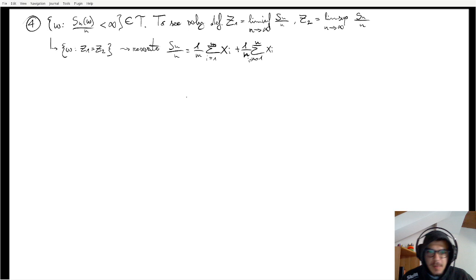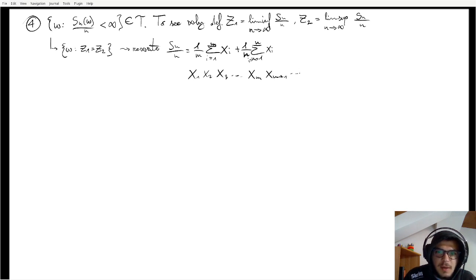For example, if we have x1, x2, x3, and so on, xm, then we have xm plus 1, and so on, xn. We simply split this here. This thing here is this thing, and this thing here is this thing.